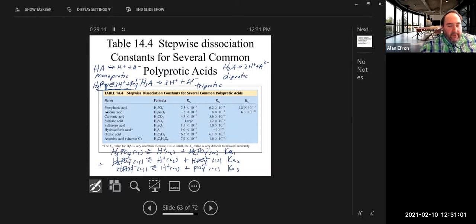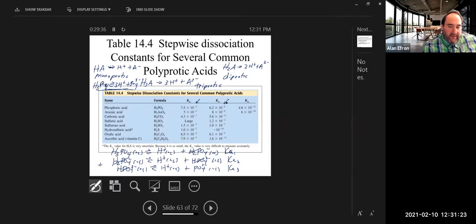We also know that perhaps it is much easier to remove the first H+ than it is the second, than it is the third. It gets harder as you go through it. And you can see that by the Ka values that we see here. This is something like 7.5 times 10 to the -3 for the first H+ to come off.